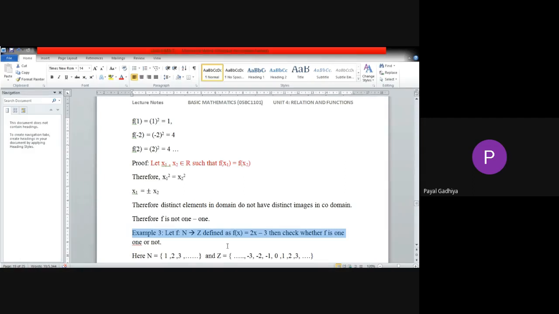Is this function one-one? Yes, ma'am, yes, it is one-one, right?